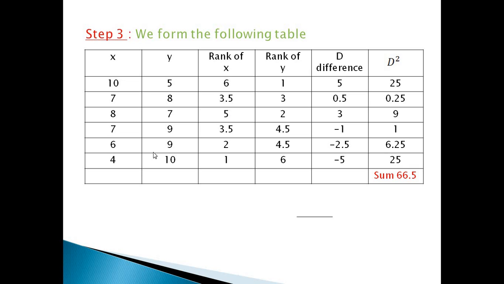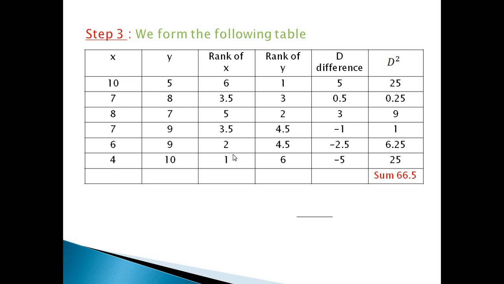The rank of 8, 5. The rank of 6, 2, and 4 was the first rank. Do the same with y values. You're gonna write the rank of y in this column. Y here, 5, its rank is 1. 8, its rank 3. 7, its rank 2. And the 9, we found the mean of the ranks. We got it 4.5. And the rank of 10 was 6.